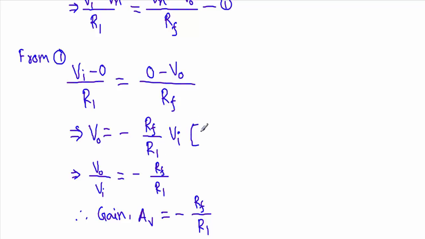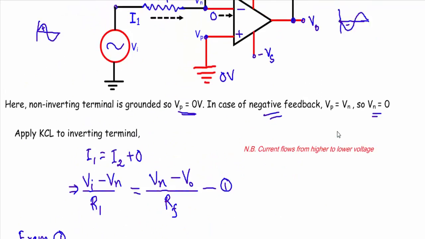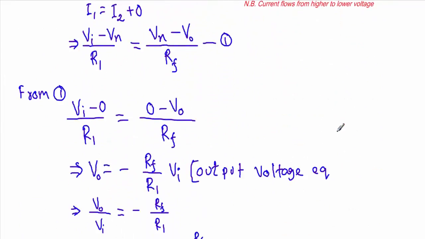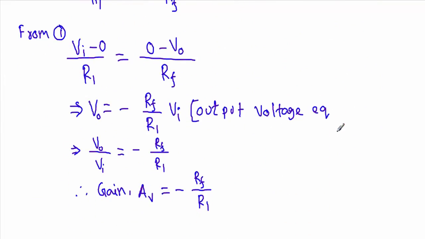This equation is called the output voltage equation in the case of the inverting amplifier.